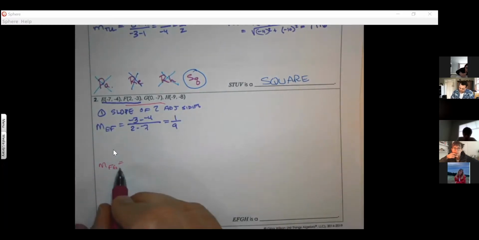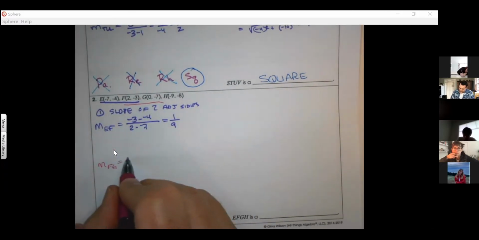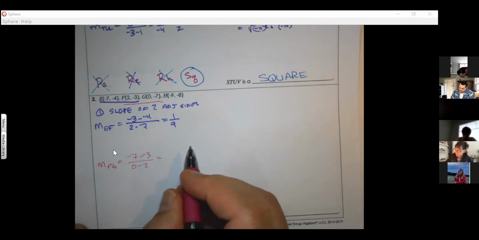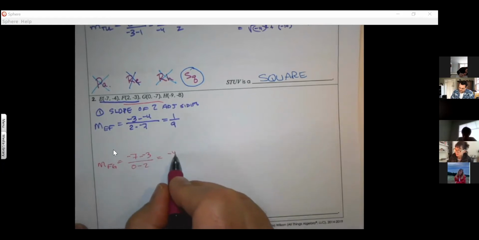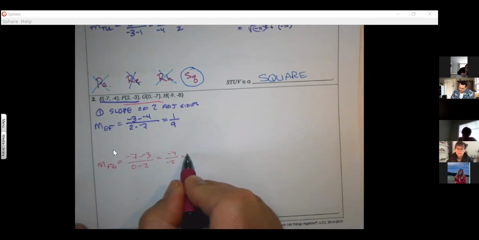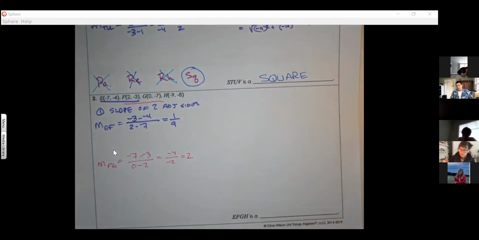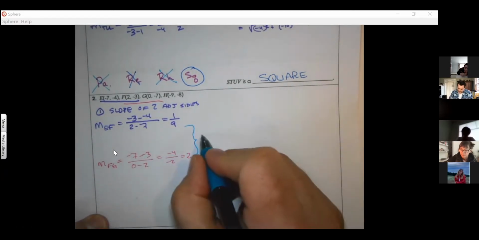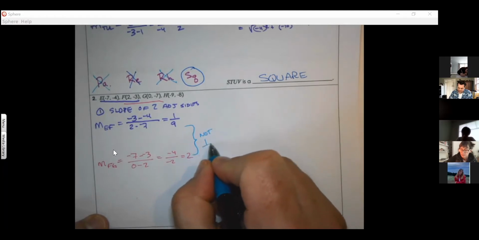And down here, I have a difference in the y's, -7 minus -3 over 0 minus 2. That's -4 over -2, which is 2. So what does that tell me? Not perpendicular.